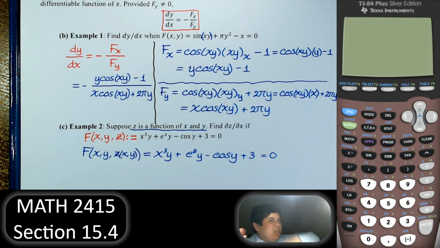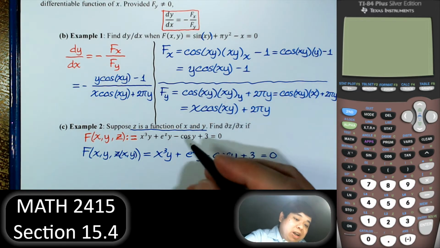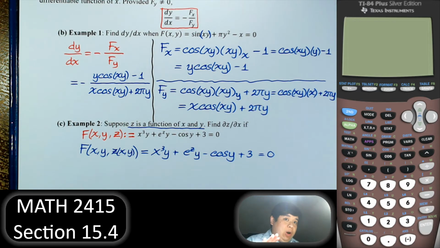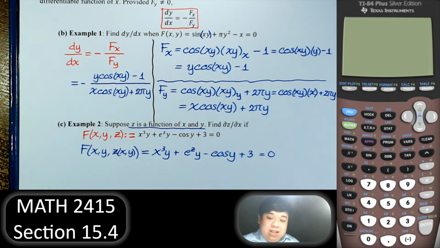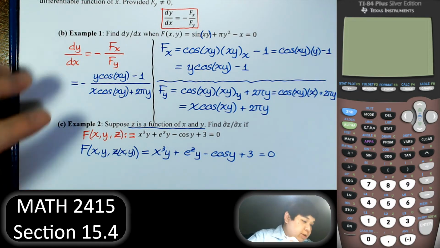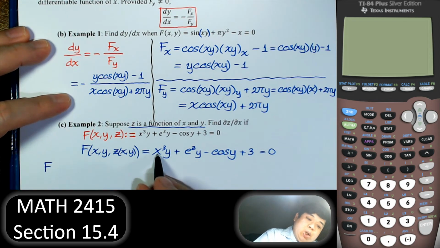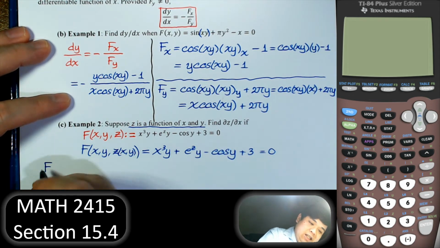Right, now this is a little bit different than the partial derivative we have earlier. We won't write z as a function of x and y and use the chain rule. We're not going to do that. We're just going to keep z as is. Now there's 2 variables, z and x, so we just take partial derivative of f with respect to z.